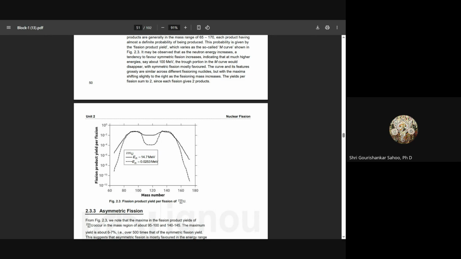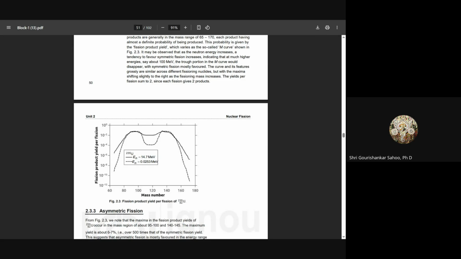It may be observed that as neutron energy increases, the tendency to favor symmetric fission increases, indicating that at much higher energy, say about 100 mega electron volt, the valley in the M curve would disappear with symmetric fission mostly favored.